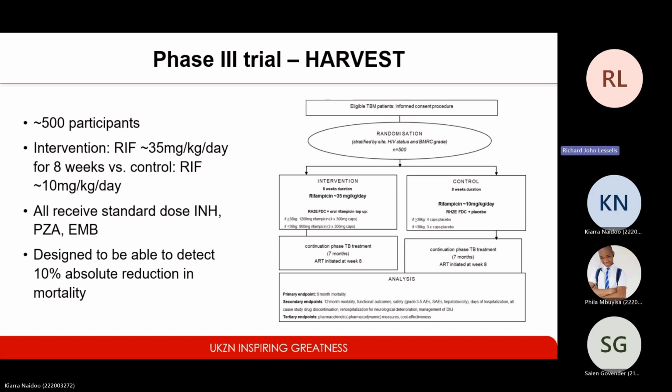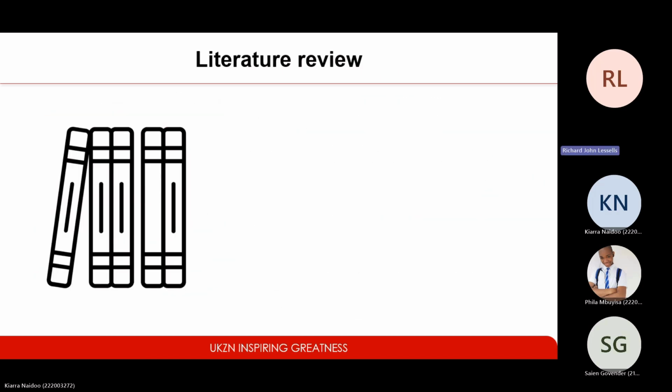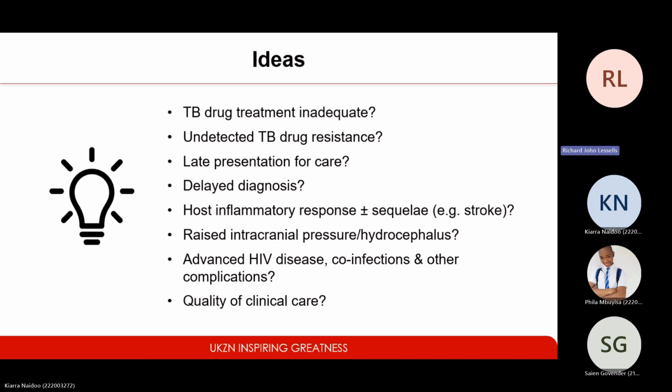But if we go back to thinking about why mortality might be high, we came up with quite a few ideas, didn't we? So even if it is partly because the doses are not correct and we should be giving higher doses, there might still be some of these other things also contributing.